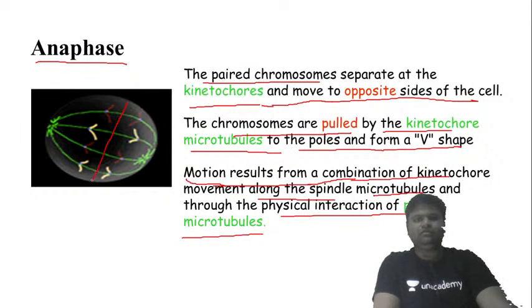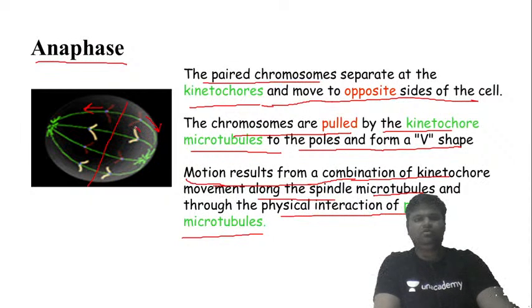So this is the anaphase, where the paired chromosomes separate at the kinetochores and start moving towards the opposite side of the cell. The chromosomes are pulled by the kinetochore microtubules to the poles and form the V shape.